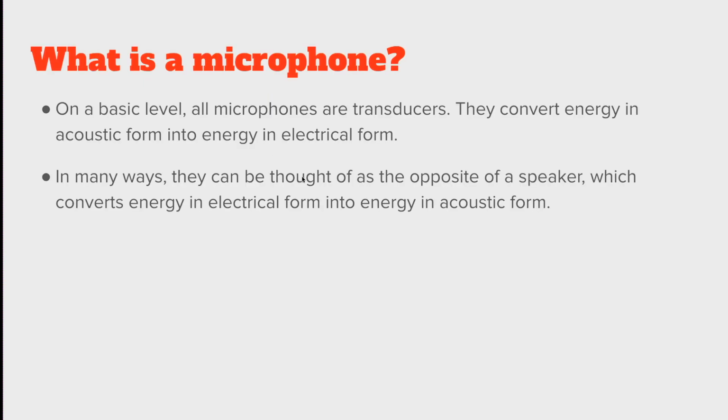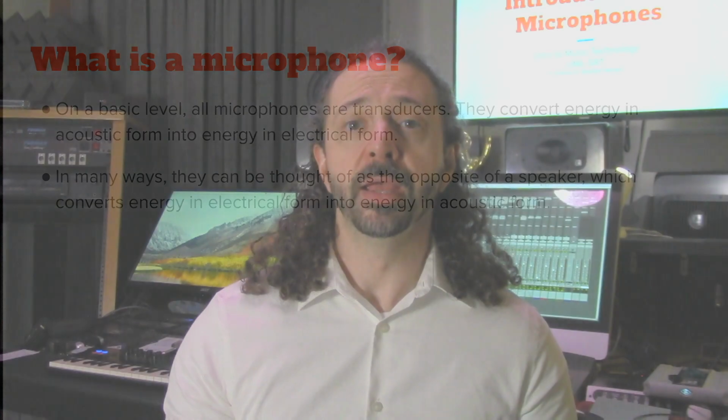So we want to begin with a consideration of microphones in general. What is a microphone? Well, on a basic level, microphones are transducers. A transducer is something that converts energy in one form into energy in another. And in the case of a microphone, the transducer is going to convert energy in the form of acoustic energy into energy as an electrical signal. That electrical signal we can then use to do all kinds of things with.